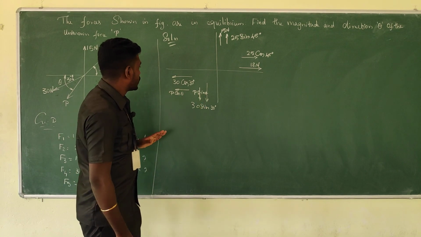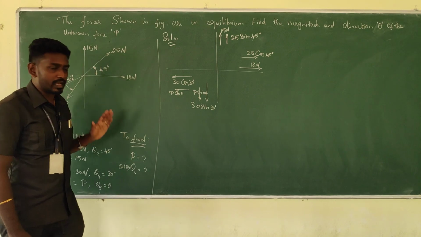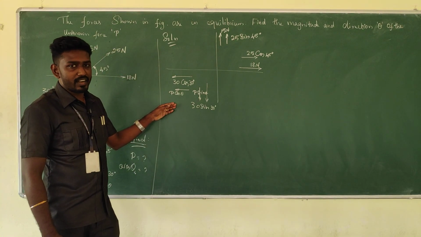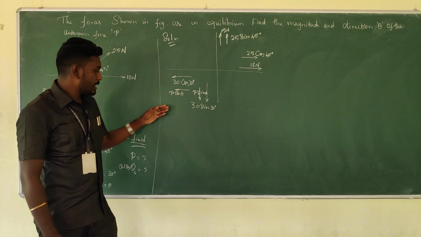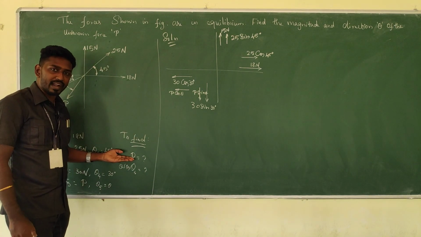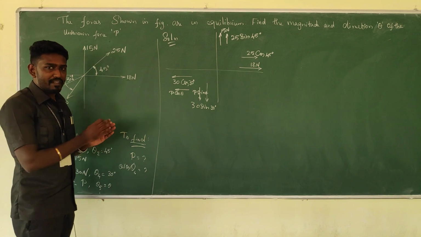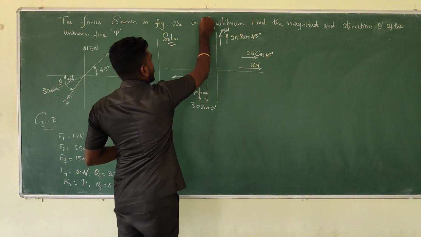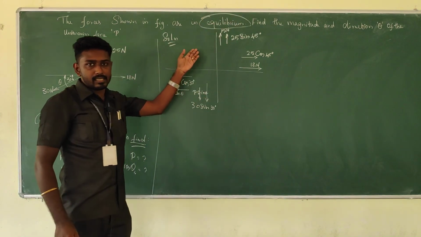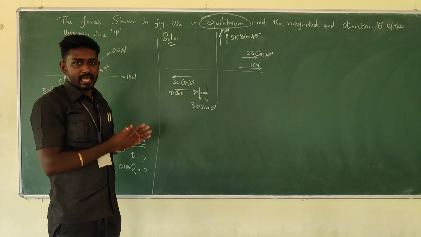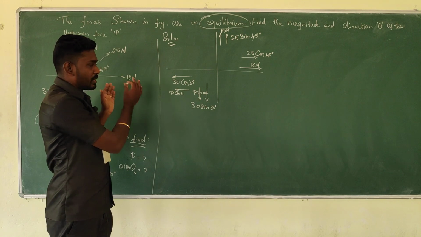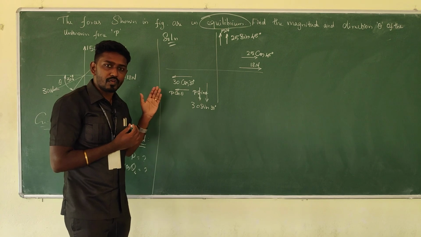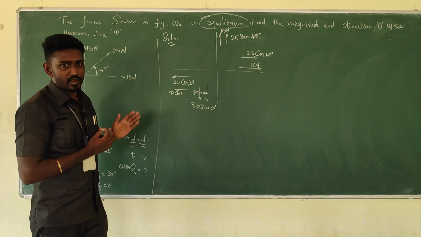Okay, right. Any other force? No, that's all. While solving this kind of problem, we must look, because here we are going to find the unknown force. So if you are solving for an unknown force, then the question must say it is in equilibrium, or else the resultant, the summation of H or summation of V, will be given in the question.